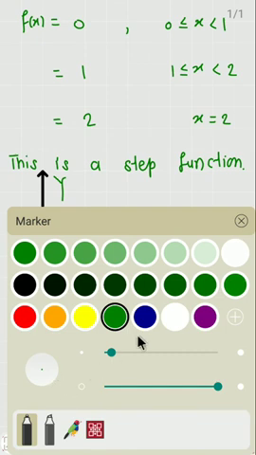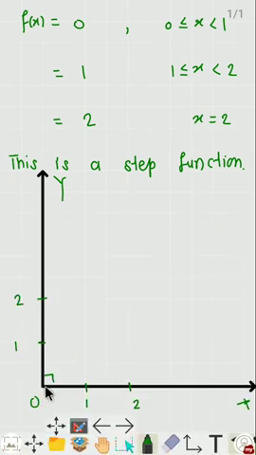It does not touch 1. When x is in the range 1 to 2, the function has value 1, so our graph is like this.